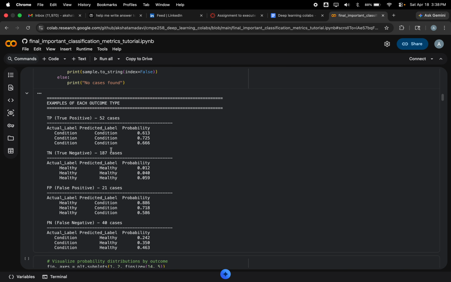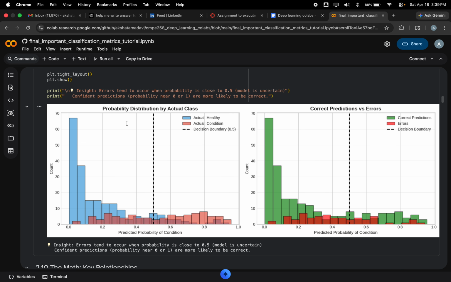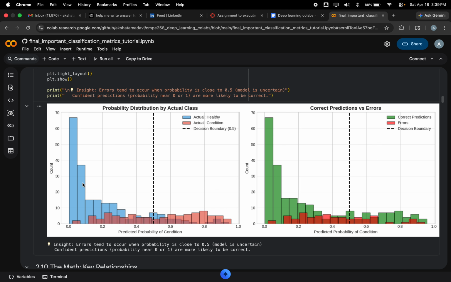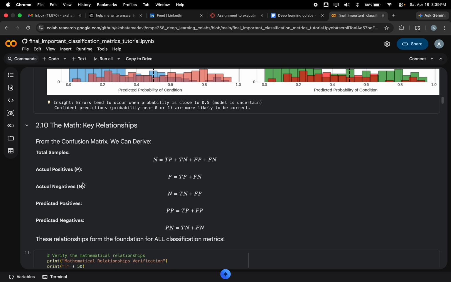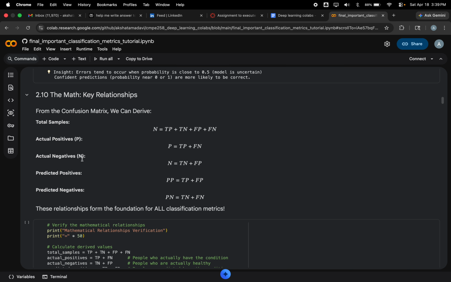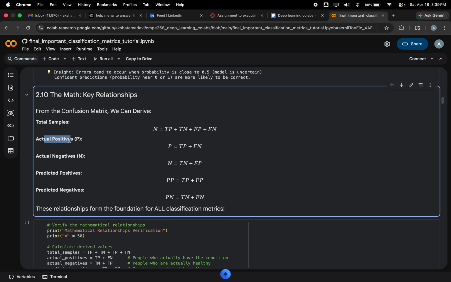Here we are just looking at the probabilities of each case. Now, based on the four fundamentals which we have, we can derive the actual positives, actual negatives, predicted positives, and predicted negatives.